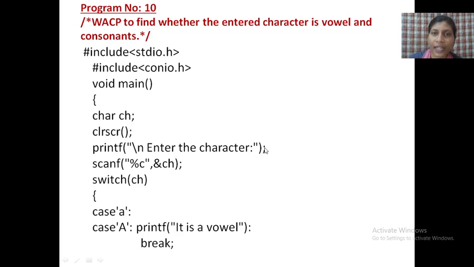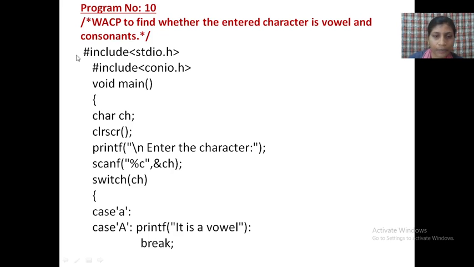There are 5 vowels A, E, I, O, U; if you enter any of them, it shows the message it is a vowel. If you enter any consonant, it shows the message it is not a vowel, it is a consonant.